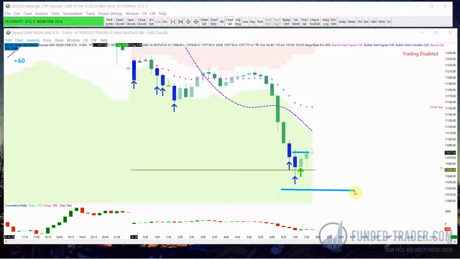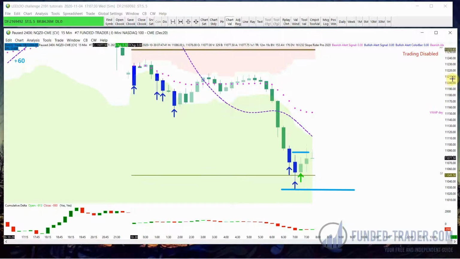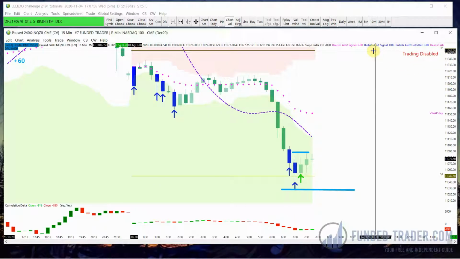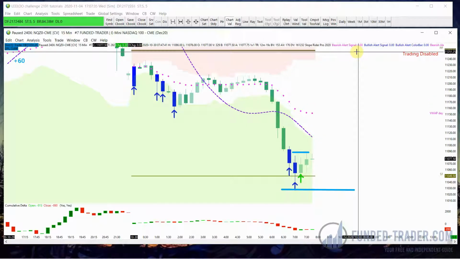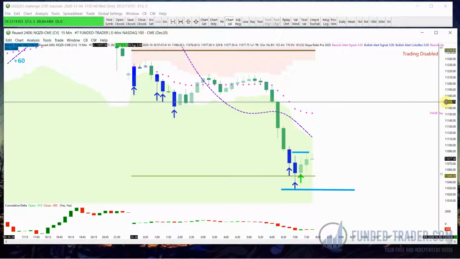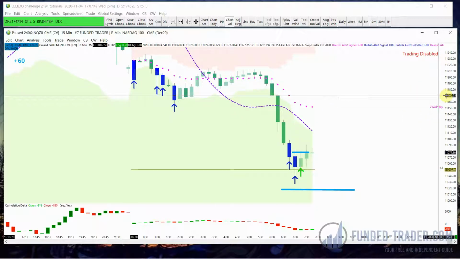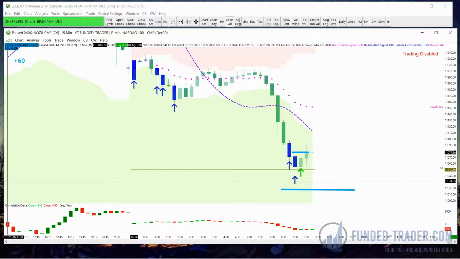Here is a stop loss, 55 points stop loss, and the profit could be either at the open or the pivot. I like the idea of this reaching the pivot. Let's speed it up.